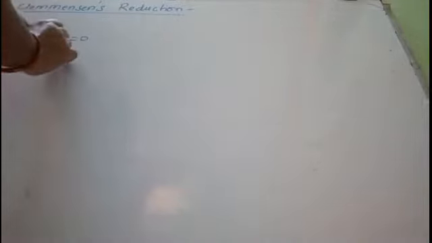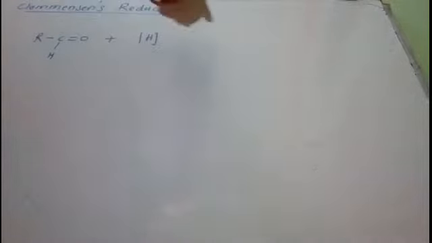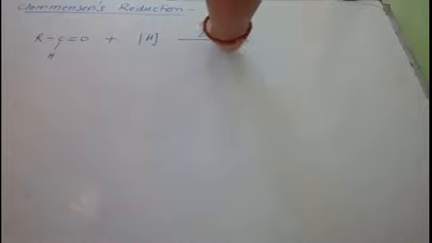So let us write those reactions, we'll study those reactions. So the first one is Clemmensen's reduction. It's also a reduction reaction. In Clemmensen's reduction, the aldehydes and ketones, first I will write for aldehyde, are reduced in the presence of zinc amalgam and hydrochloric acid.